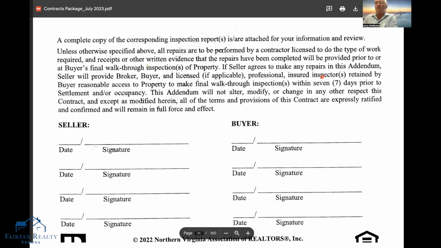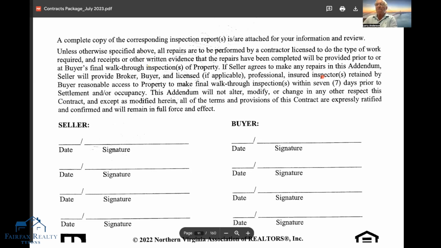And if they weren't, it still gives us time to negotiate with the purchaser and the seller to come up with a dollar amount or some other program so that it can be submitted back to the underwriter so they could add this to the closing disclosure and get it to the purchaser at least 3 days prior to settlement. So we'll know whether or not they've agreed to it.